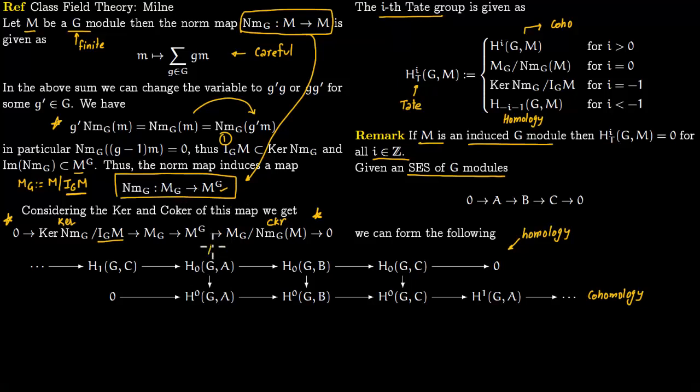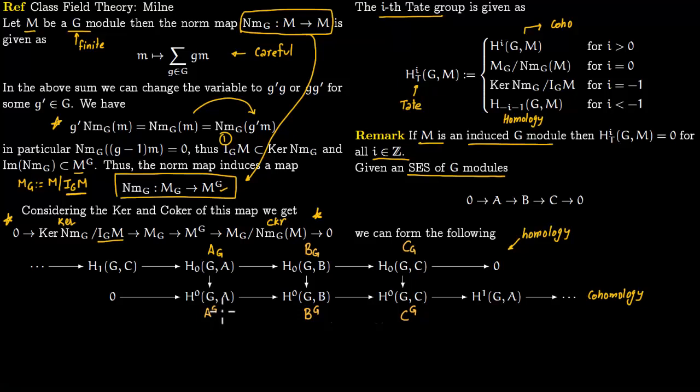This is A subscript G, and this map here is A superscript G. Similarly here, this is homology, so this is this group, this group, and this group, exactly like this.